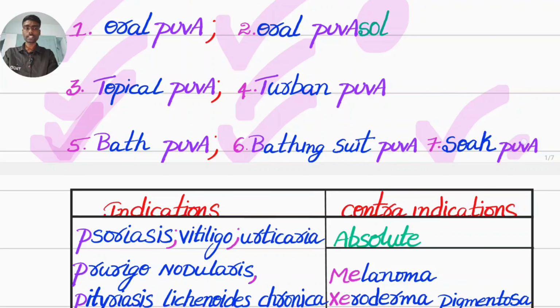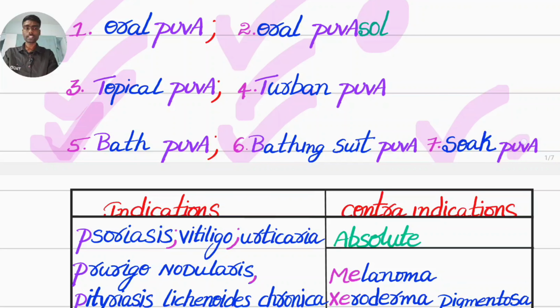Coming to indications, there are multiple, various indications. I have consolidated some of them which we can easily remember. Psoriasis, vitiligo, which everyone knows. Urticaria, atopic dermatitis, alopecia areata. And the same alphabet P: prurigo nodularis, pityriasis lichenoides chronica, palmoplantar pustulosis.